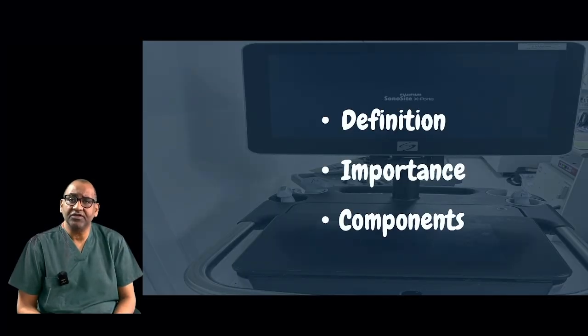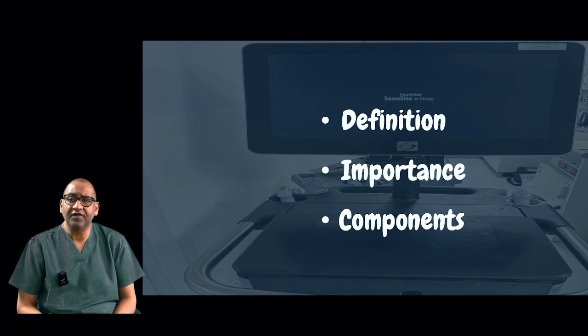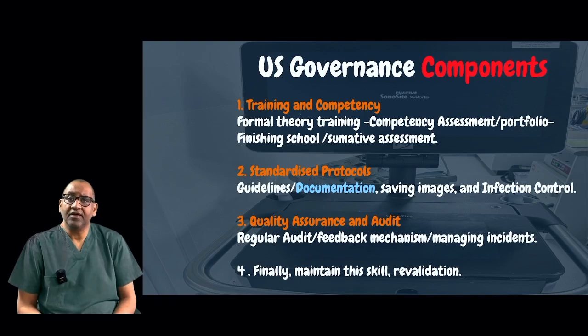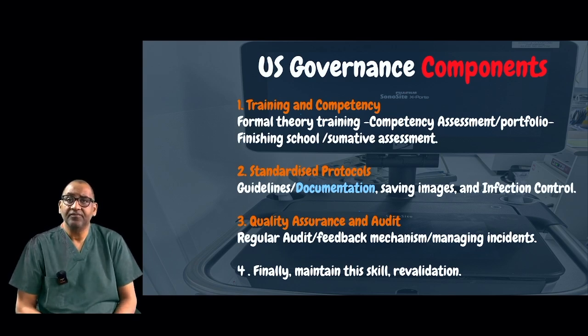So we talked about the definition, we talked about the importance, and we're going to talk about the components and how we can structure this framework of ultrasound governance. It goes through 4 main domains: the training and the competency, the standardized protocols, the quality assurance and audit, and finally, how we can maintain these skills. Training will be through, first of all, the course that you are attending at the moment, and this is only the start.